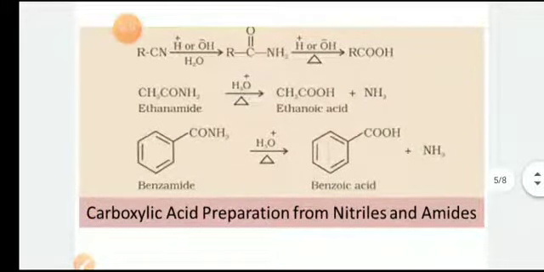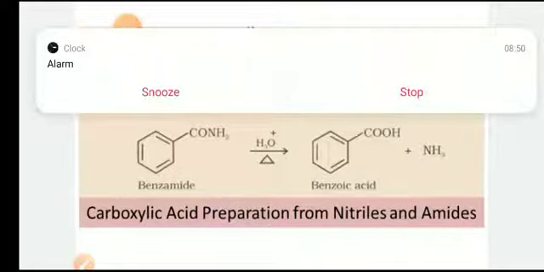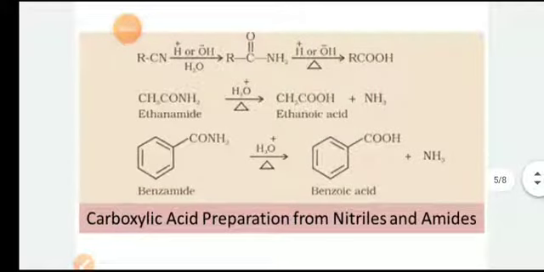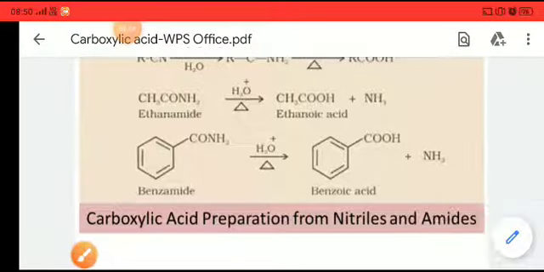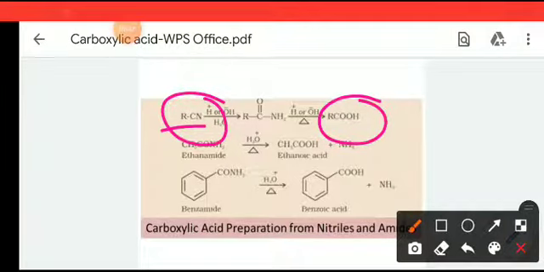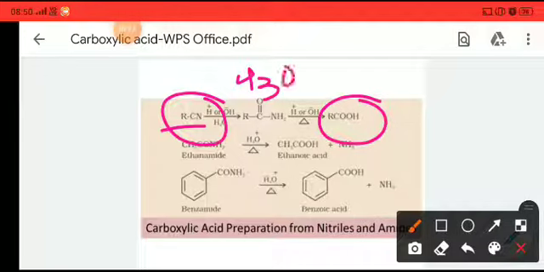Carboxylic acid preparation from nitriles and amides. To prepare carboxylic acid from alkyl cyanide, we have to use an acid, any mineral acid, H3O+.